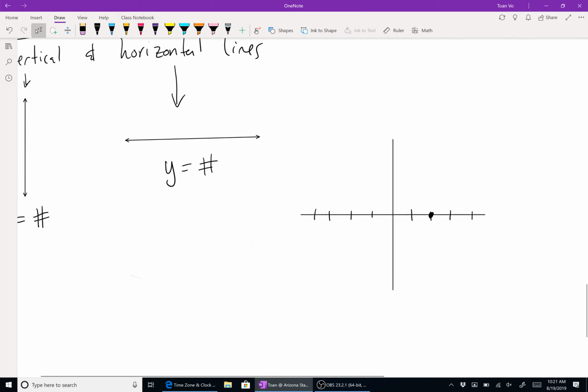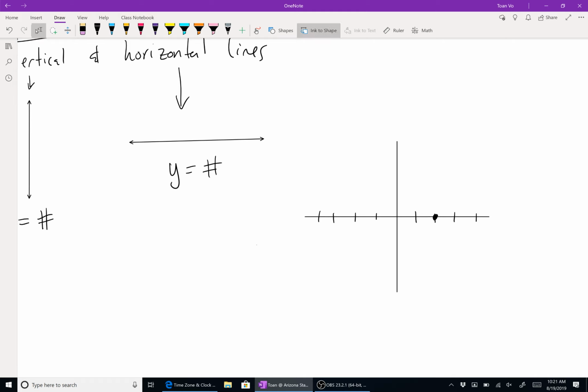I'm bolding it, I'm dotting it, and I'm going to draw a vertical line through it. I'm going to freehand this. There's a vertical line, right? A squiggly vertical line. We all agree that this point that I highlighted is 2, 0.